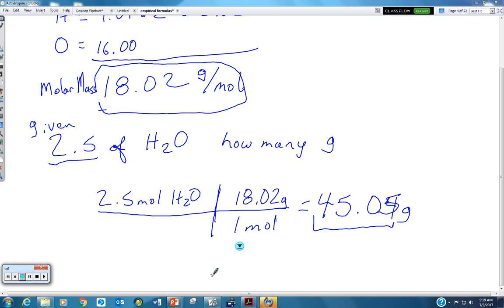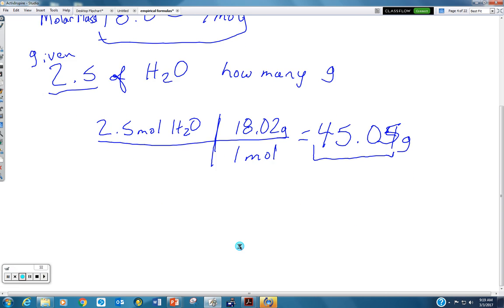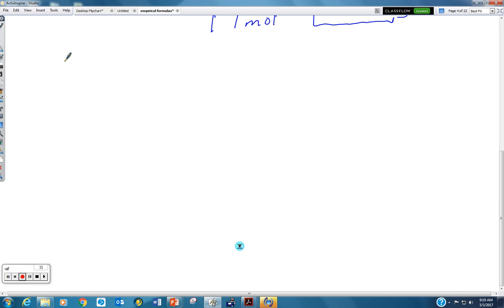All right. So let's move forward a little bit. One more thing I want to do. If we're given another circumstance, we're still dealing with water, H2O, which is 18.02 grams per mole.